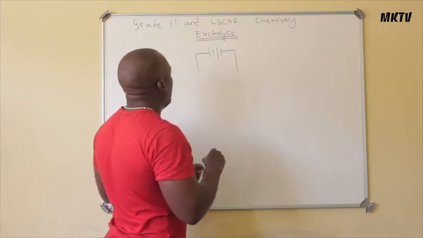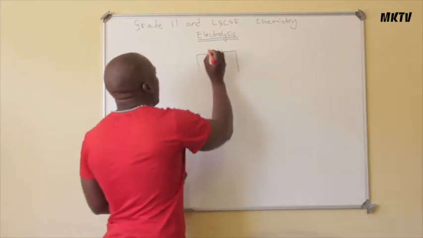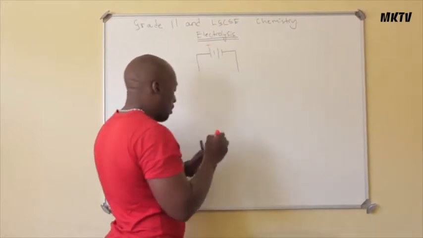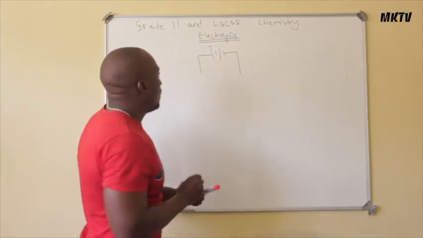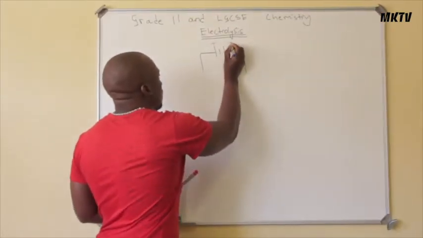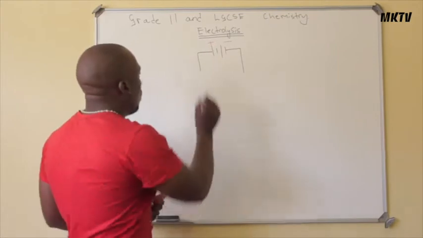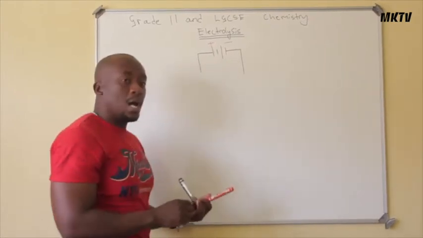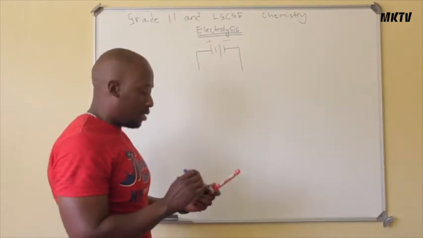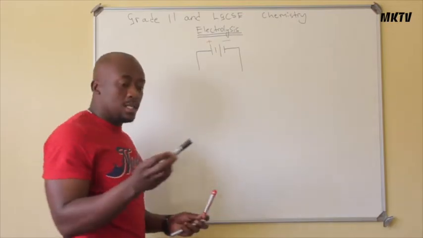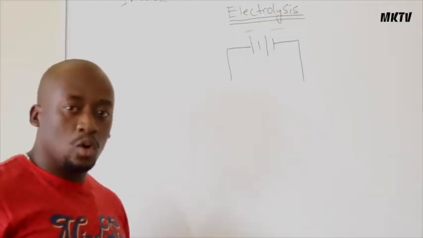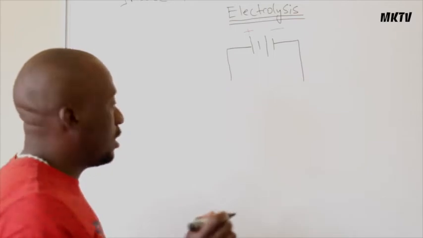I have the positive terminal, and then I'm going to have the negative terminal. Here I have drawn the batteries or the cells. The battery is the one that is going to pump electrons to our electrolytic cell.